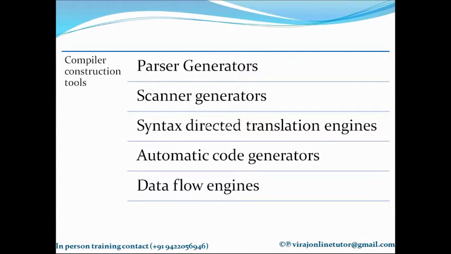The last tool here is data flow engines. Much of the information that is needed to perform good code optimization involves data flow analysis. Only when you do your data flow analysis properly will you know which part of your data flow is redundant, which part is not required, and which part you can improve.